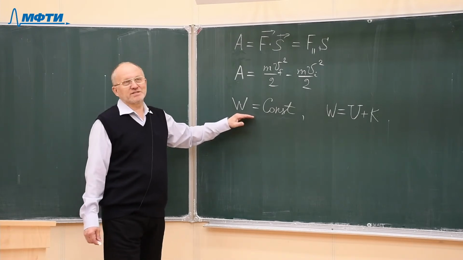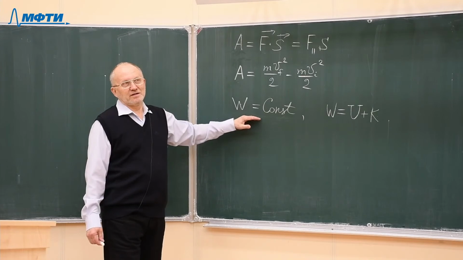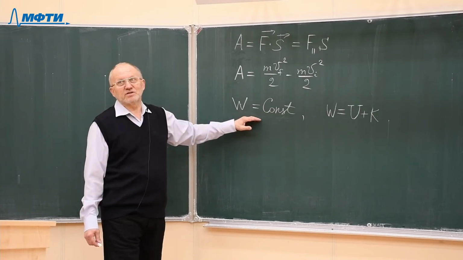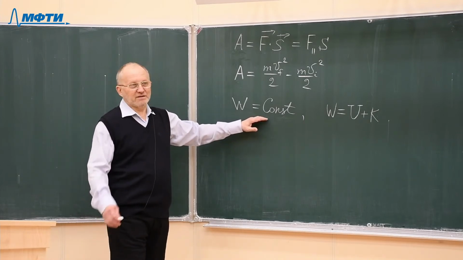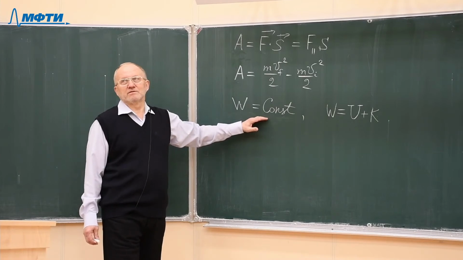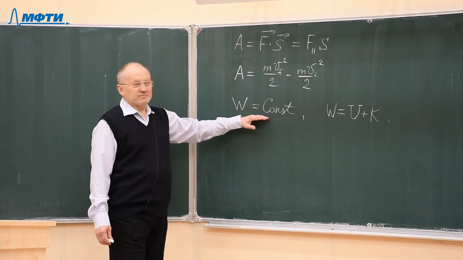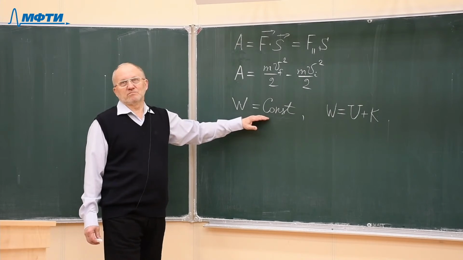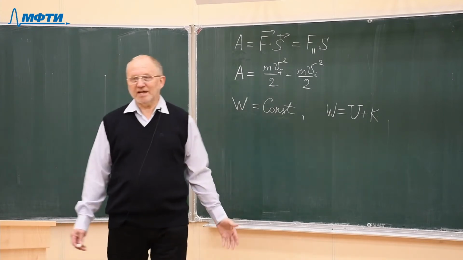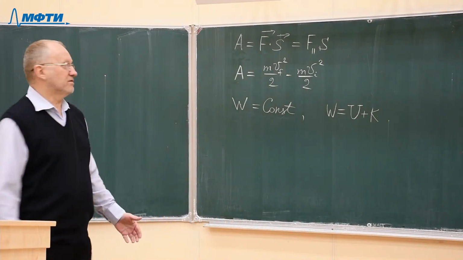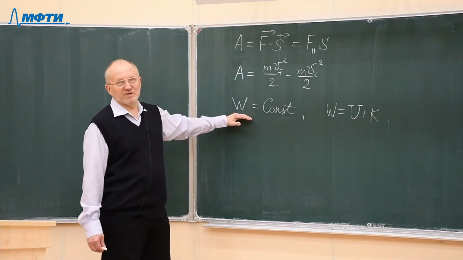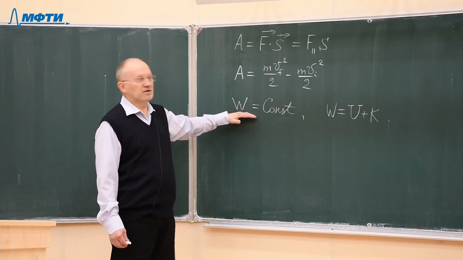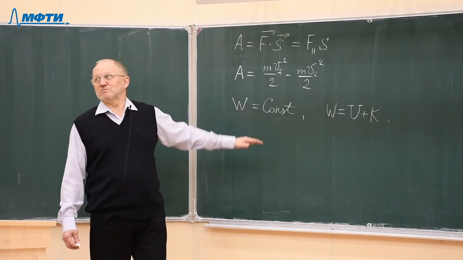Actually, it never works exactly, because forces of friction and air resistance are always present. But sometimes they are very small in comparison with other forces. Sometimes forces of friction can be neglected, and then the law of conservation of mechanical energy will work and will be very accurate and will produce very precise results.